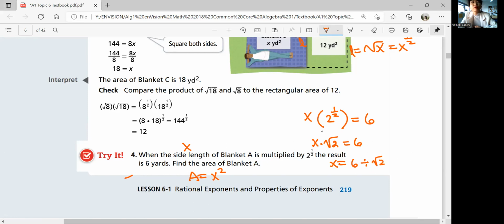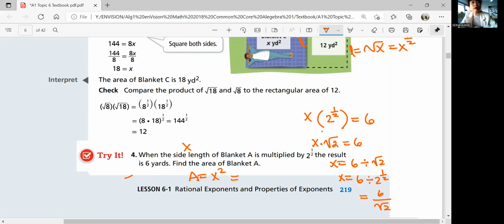What does that really mean? 6 divided by 2 to the power of 1/2. So 6 divided by square root of 2 is an irrational number, an irrational denominator. That's okay. And we know that x is 6 over square root of 2.